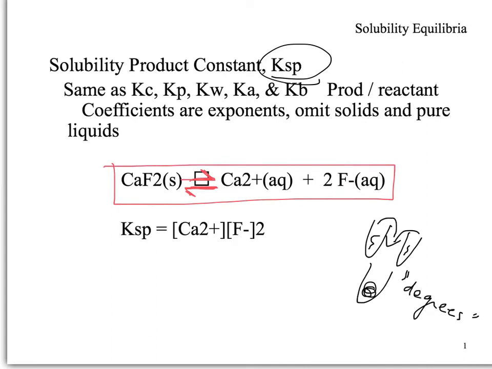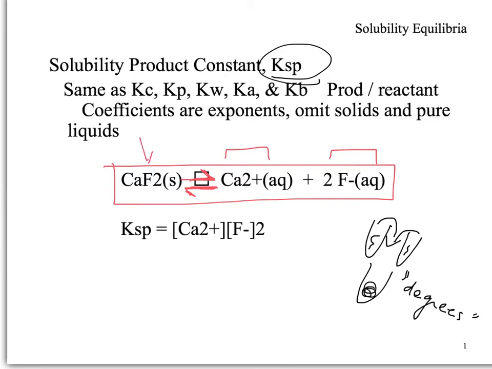Now, the equilibrium expression for this equilibrium equation can be represented with the constant KSP, and hopefully you can see that it's only the products that are going to participate.